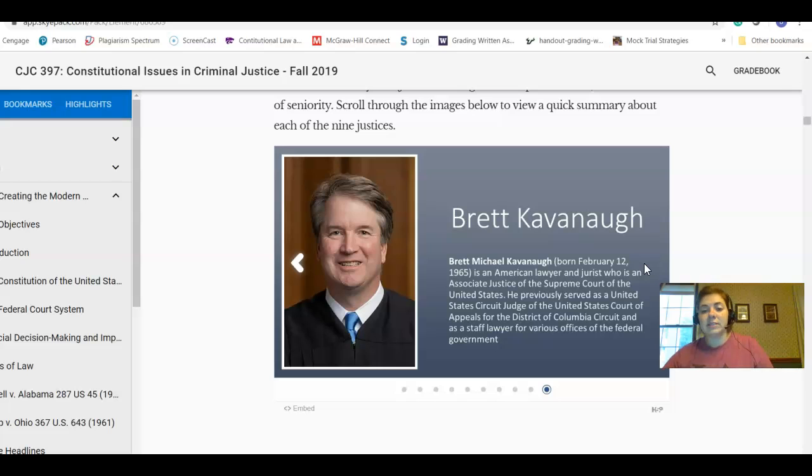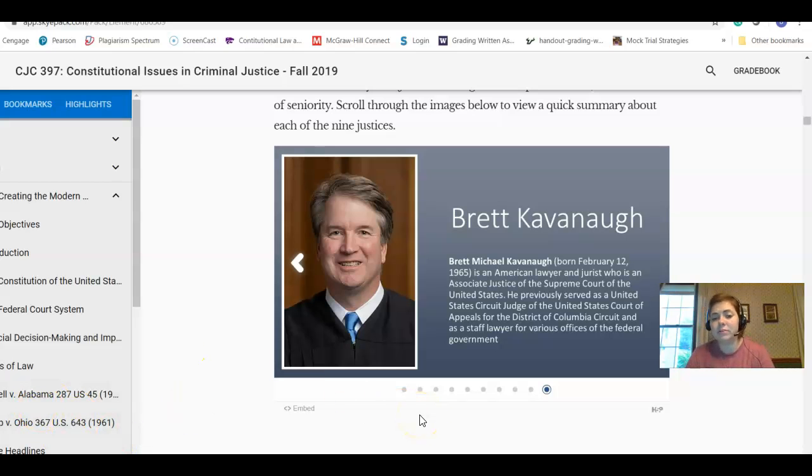And our most recent Supreme Court justice, who has just marked, or will soon mark, his 1-year anniversary on the Supreme Court, is Justice Kavanaugh.